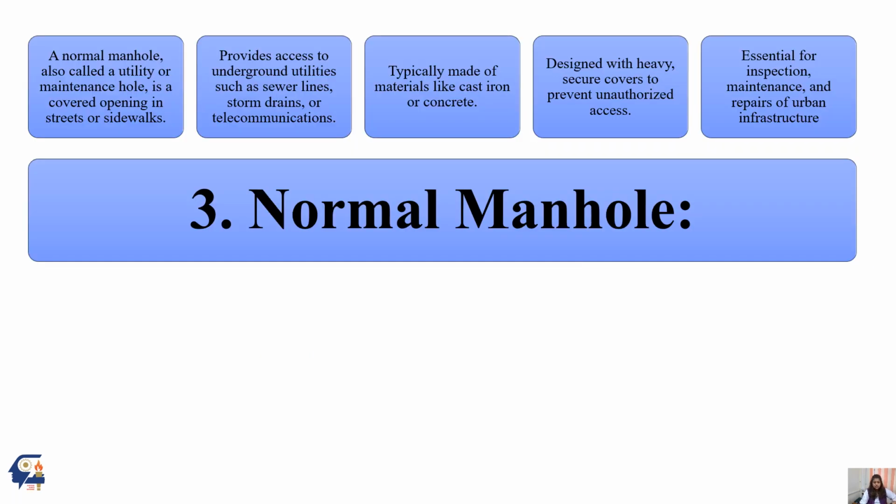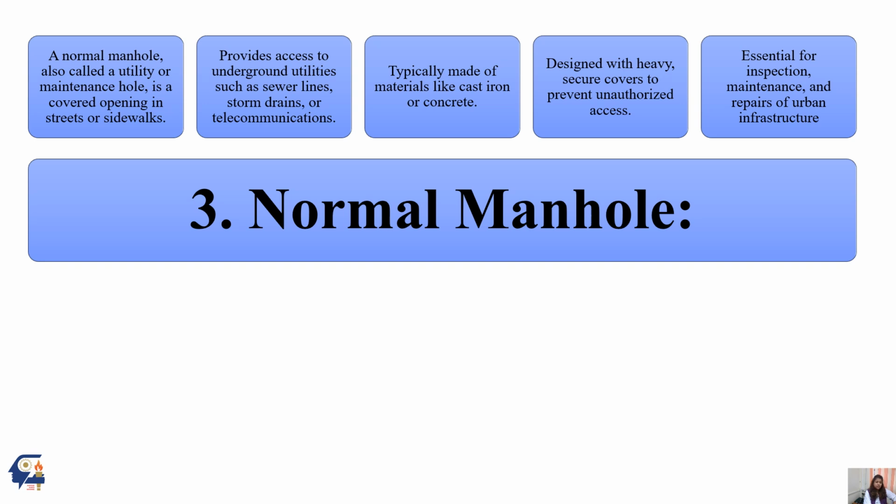Next we see the normal manhole. This is very important because a normal manhole is also called a utility or maintenance hole, which is a covered opening in the street or sidewalks. Based on that, we can see different types of underground utilities such as sewer lines, storm drains, telecommunications. They are typically made of cast iron and concrete, and designed for heavy loads.